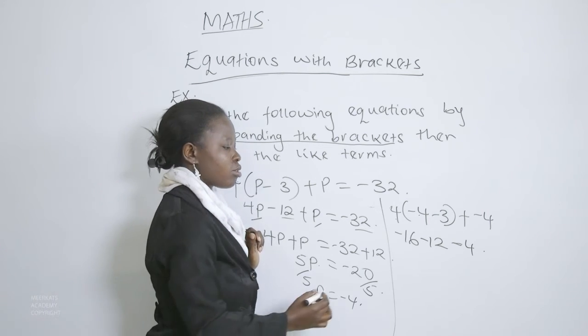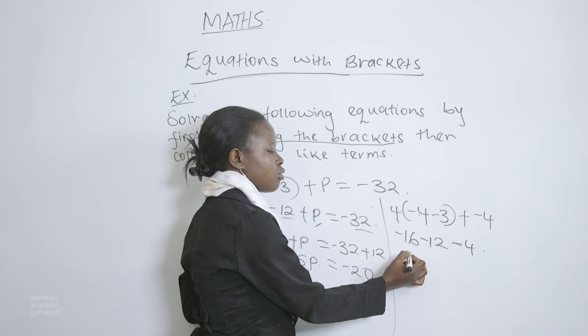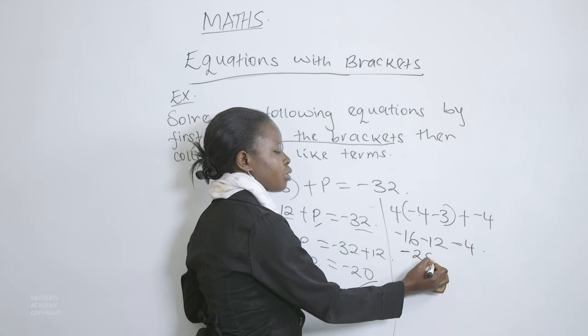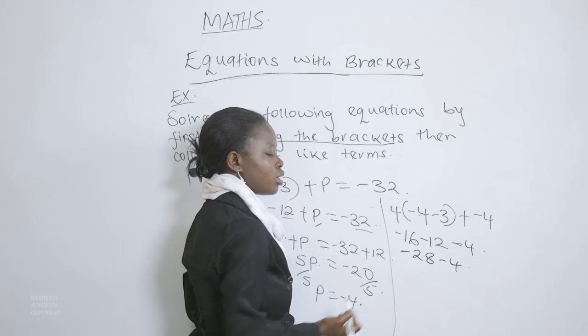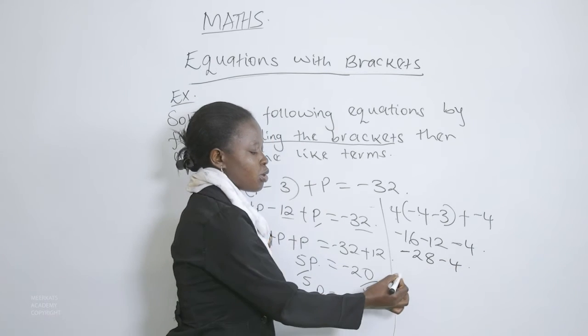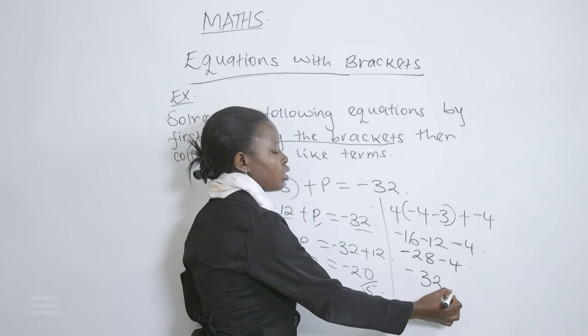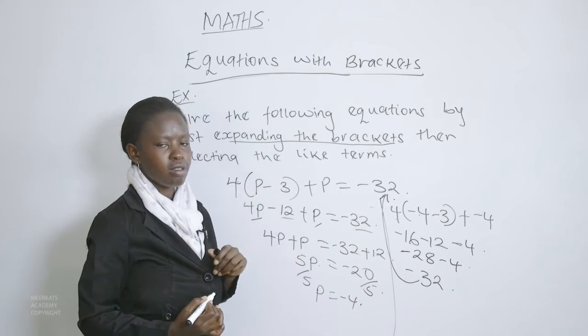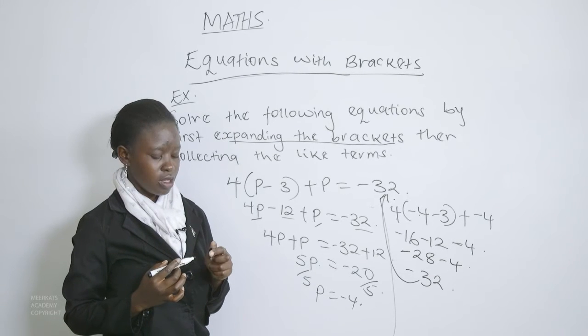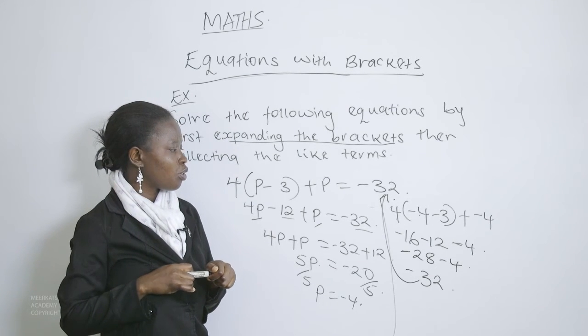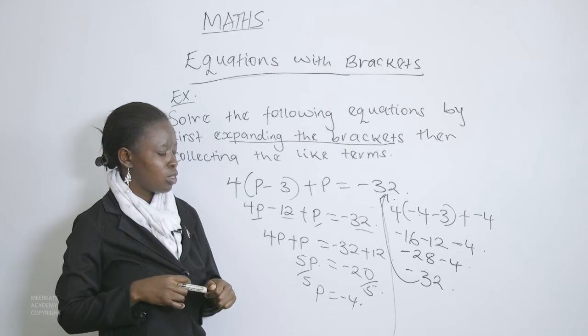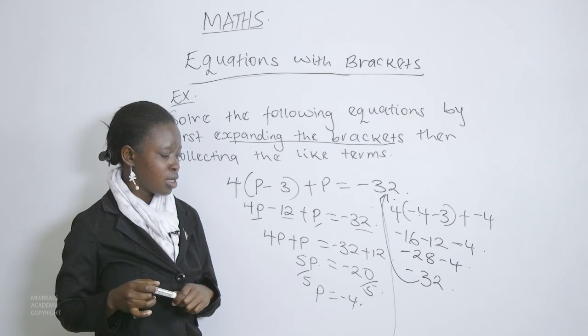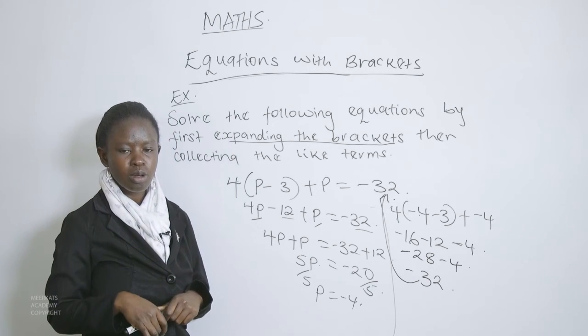Negative 16 minus 12 gives us negative 28. Then minus 4. Negative 28 minus 4 will give us negative 32. So this negative 32 is what we have on the right hand side of the equation. So it means that for this equation to be true, then the value of p is negative 4.